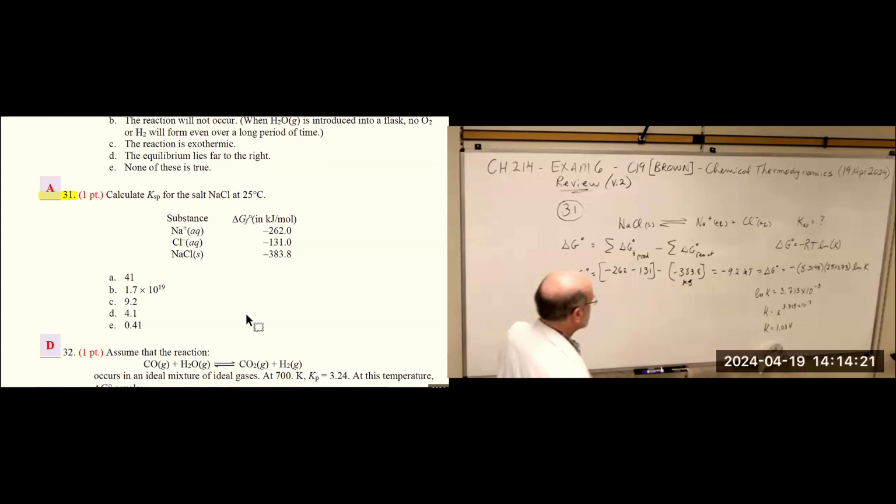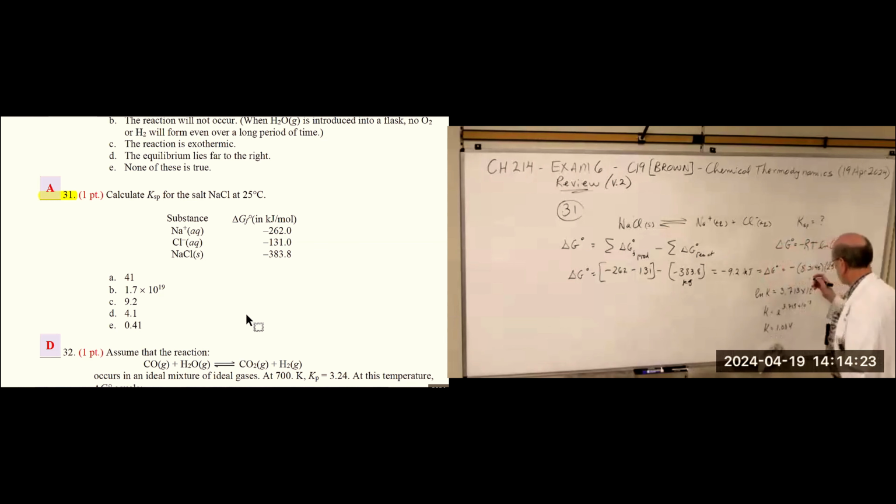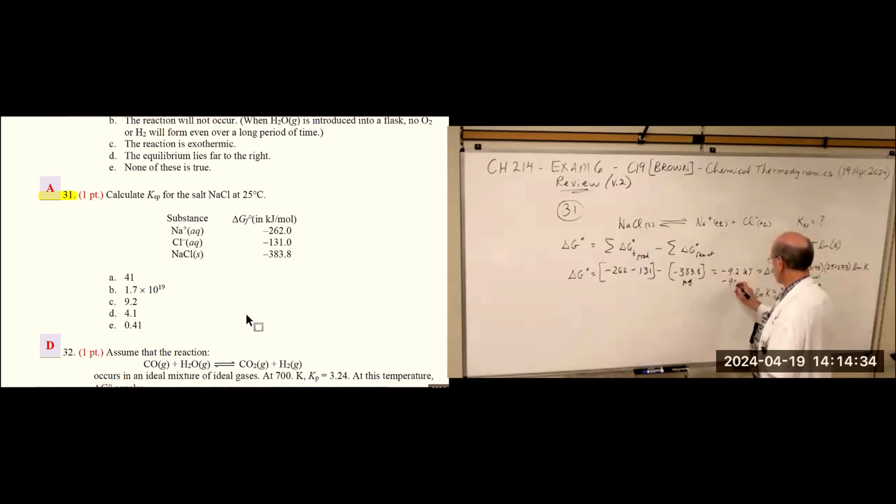Oh. This is joules per K mole, and this is kilojoules. This has got to be minus 9,200. All right, so this is going to be 10 to the minus 1.